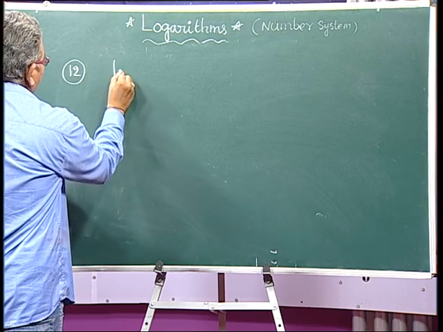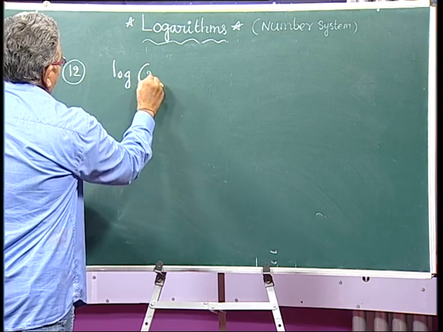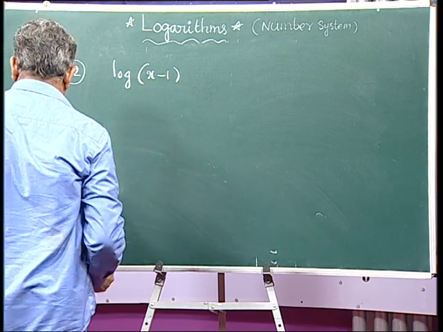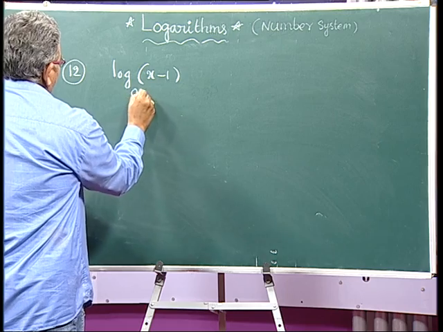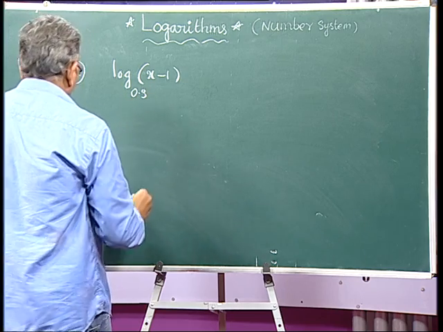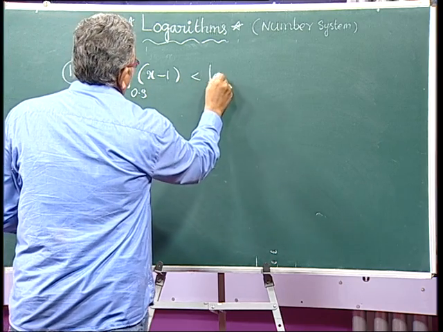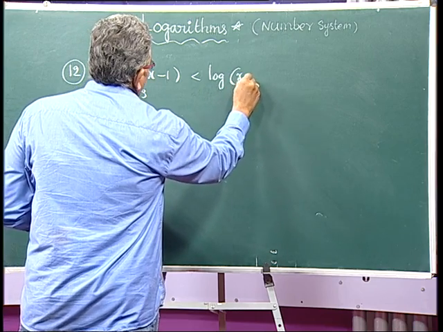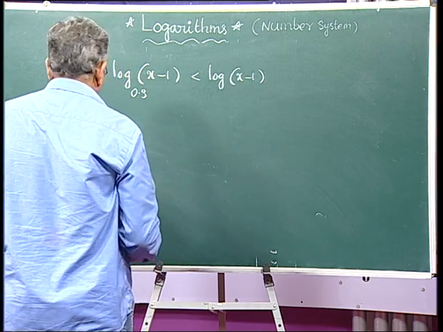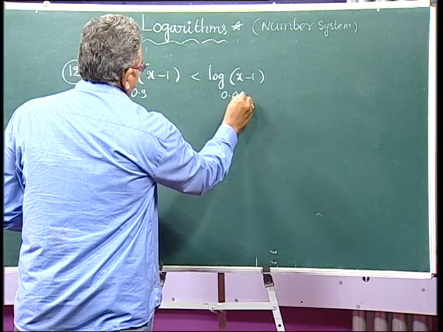Log of x minus 1 to the base 0.3 less than log of x minus 1 to the base 0.09.